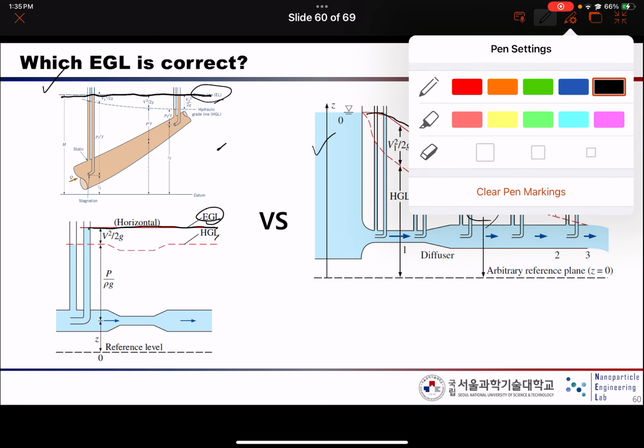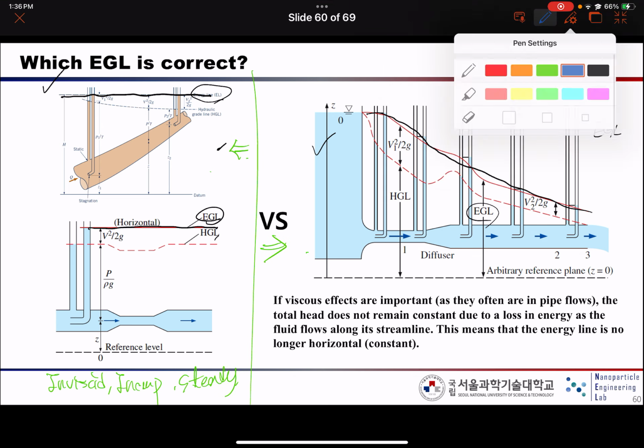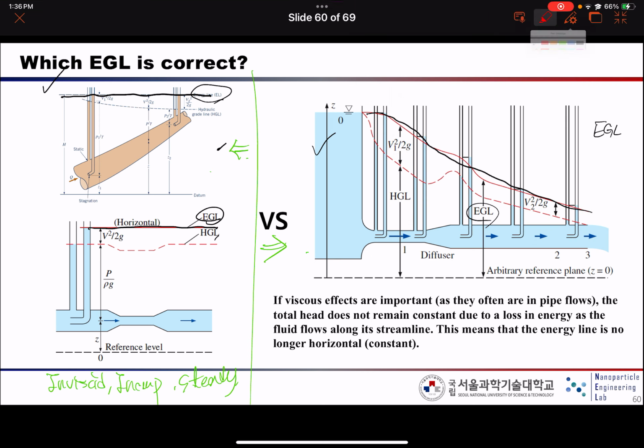Actually, both of them are correct, but the only difference is that in the left hand side case, the assumption is inviscid, incompressible and steady. But here, this is a viscid concept. Okay, so it considers the viscosity effect as well.